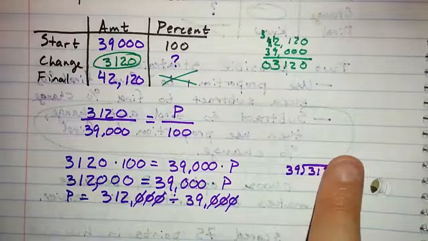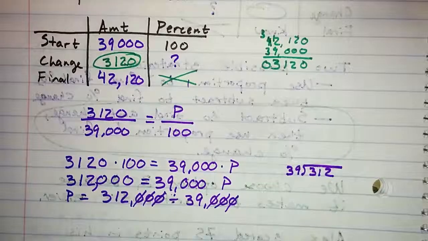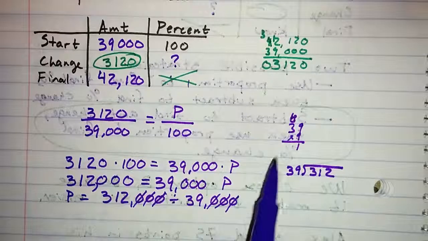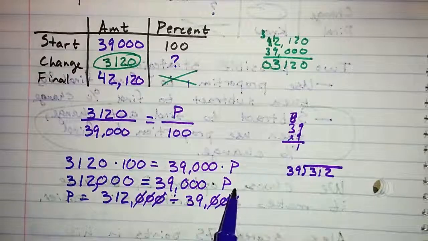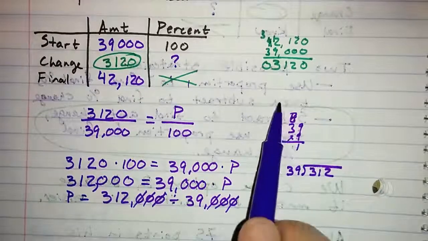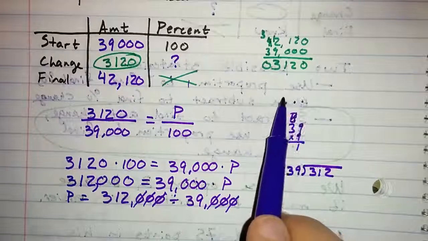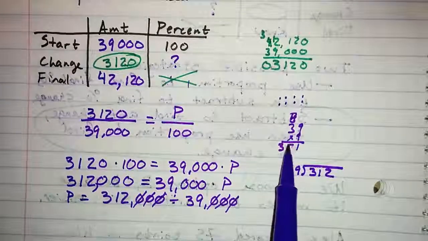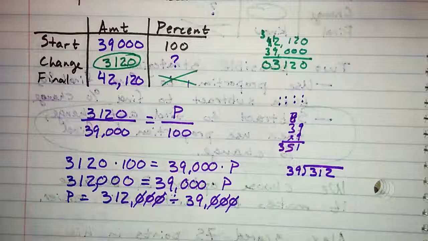39 doesn't go into 31, so we need to guess how many times does 39 go into 312. It looks like a lot. Let's try 9. 9 times 9 is 81. 9 times 3 is 27, 28, 29, 30, 31, 32, 33, 34, 35. Okay, 9 was too big.